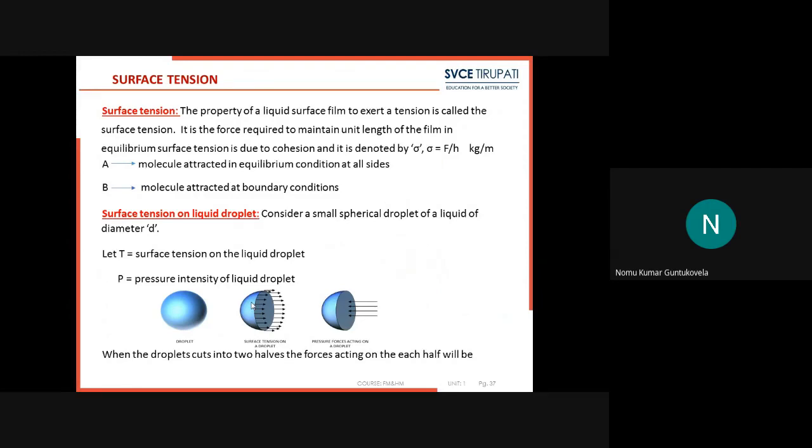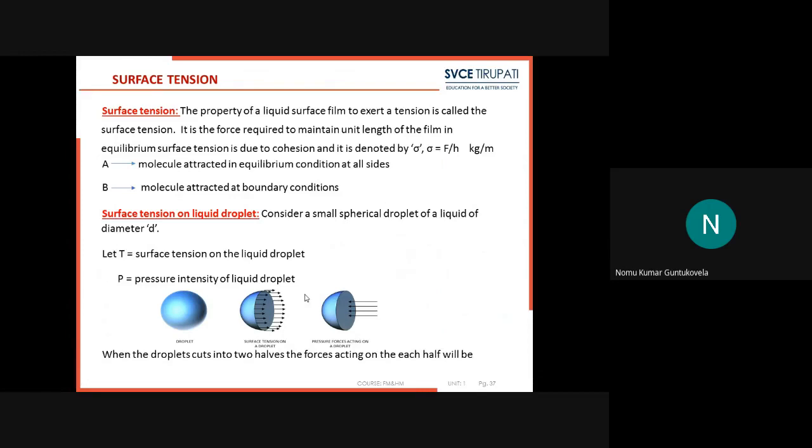To find the surface tension, take a droplet and divide it into two sections. On one section the pressure acts, and on the other the surface tension acts.